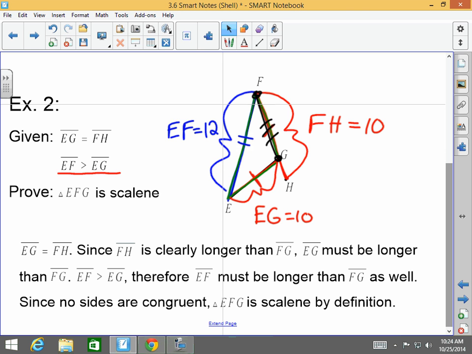Since no sides are congruent, triangle EFG is scalene by definition. I think that using numbers here was the easiest way to really identify that. Hopefully that makes sense. Now let's get to the fun proofs.